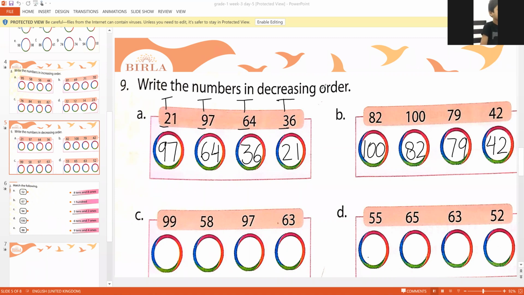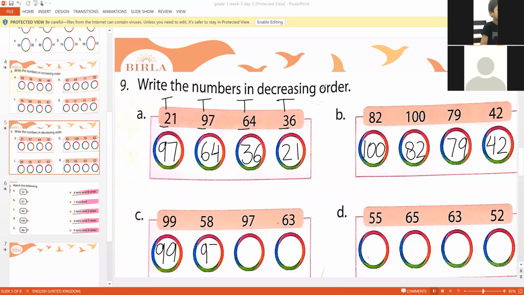Bit number C. Sai Joshit, tell me the answer for bit C. Which is the biggest number here? 99, 58, 97, 63. 99. Very good. And after 99, what shall I write? Tell me. 97. Very good.